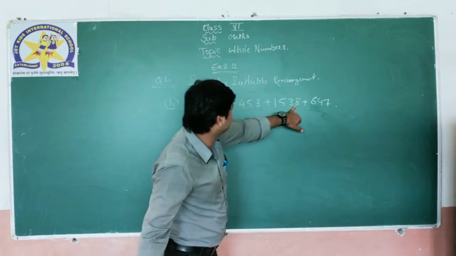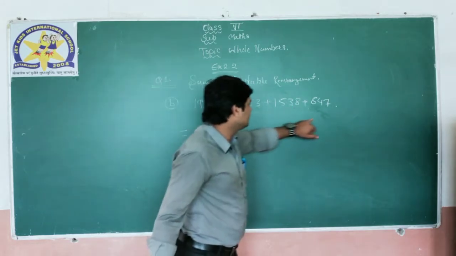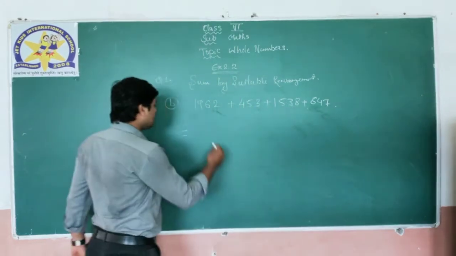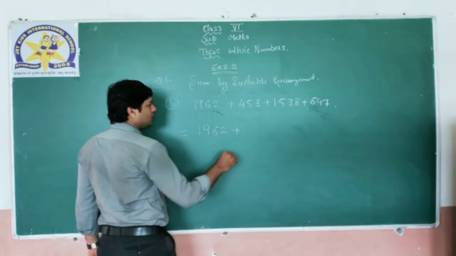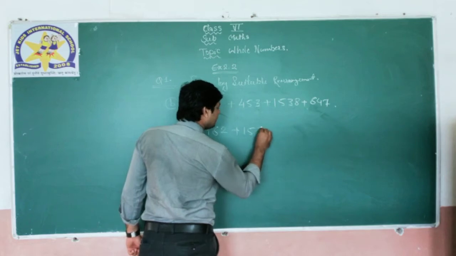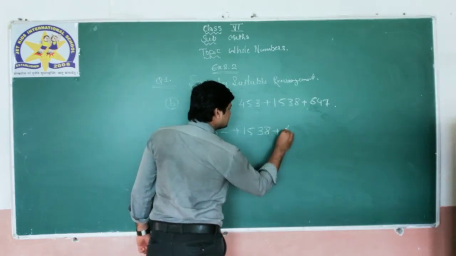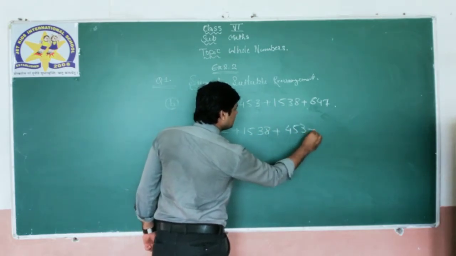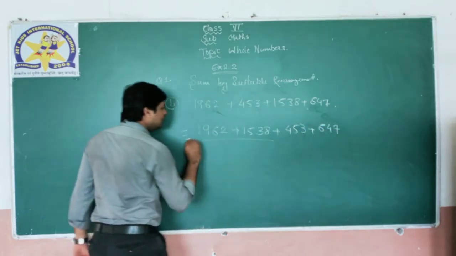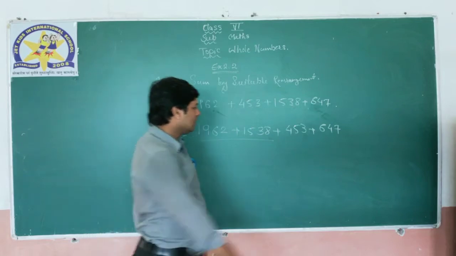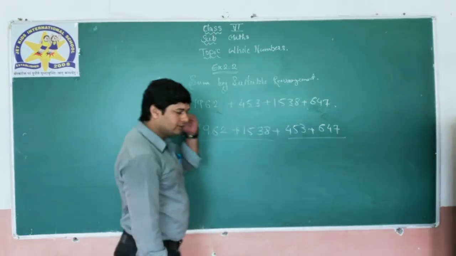If I add 2 plus 8, it will be 0, and 3 plus 7 will again be 0. So I can rearrange it: 1962 plus 1538 plus 453 plus 647. So I rearrange it first and then I will solve these.